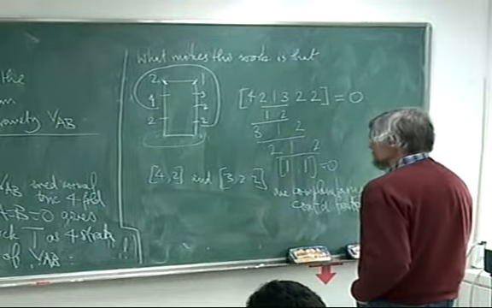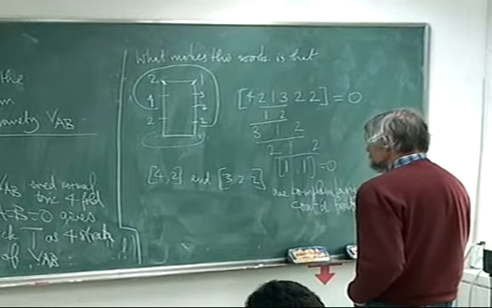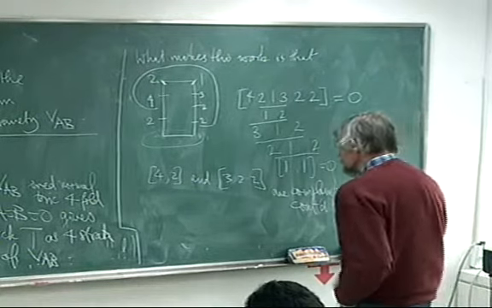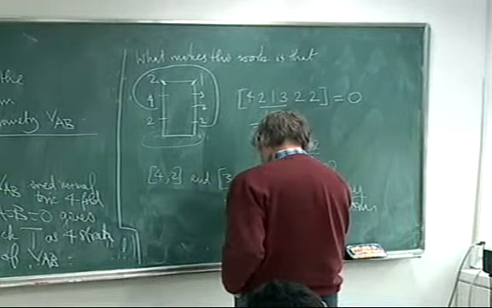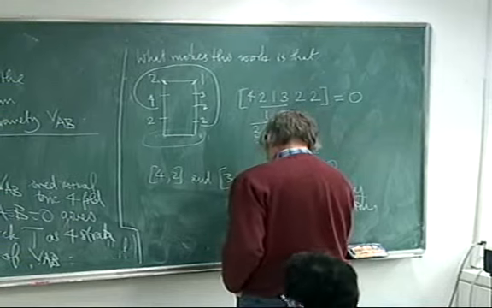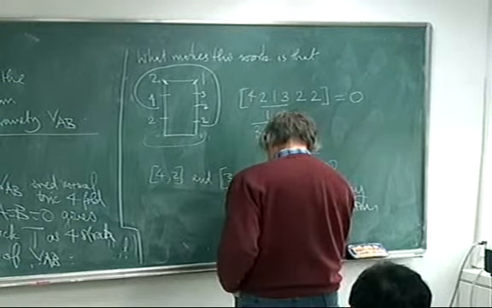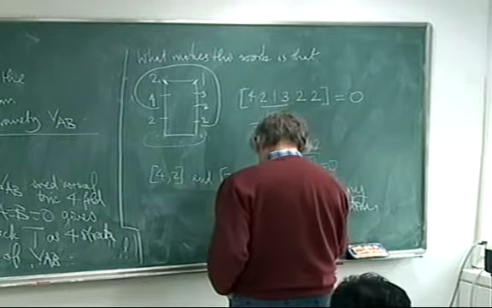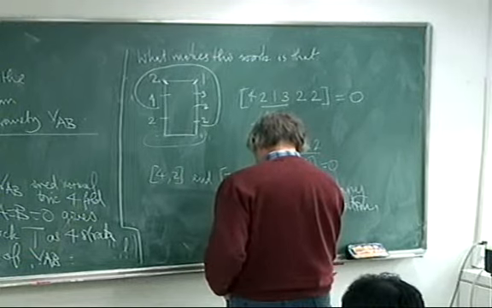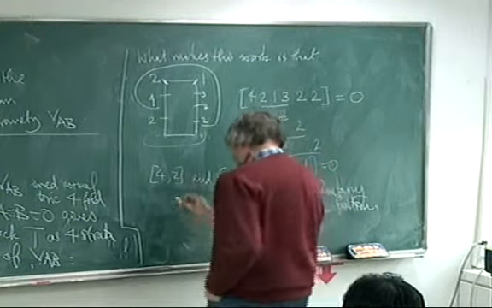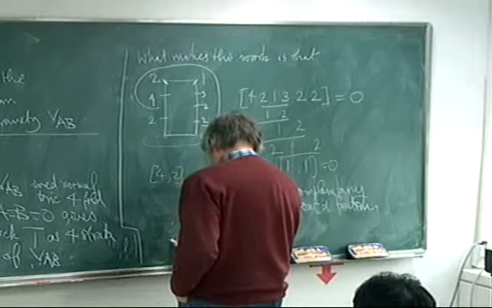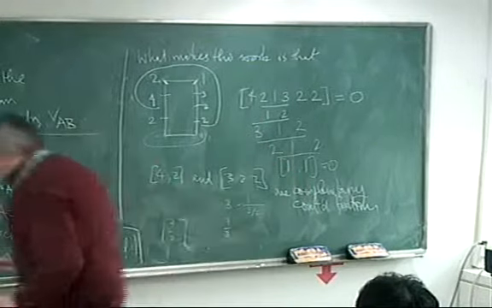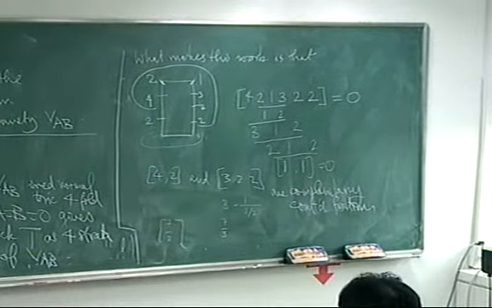Can anybody see what I'm doing wrong? 3 minus 1 over 3 halves. It looks like 7 over 3 to me. And this one looks like 7 over 2. Maybe I should have done something else. Maybe I should have included the first 2.